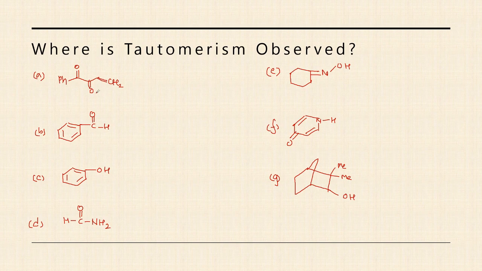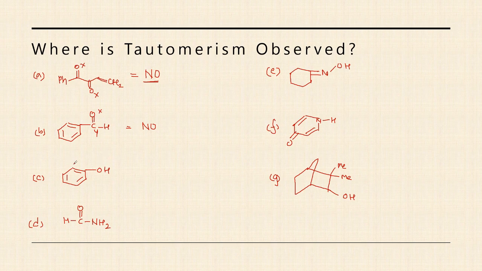So first let's identify which will be X. Suppose I took this as X, or else this as X. We do not have a Z atom which has a hydrogen. Z should be sp3 hybridized, and therefore this would not show tautomerism. There would not be any tautomeric form. Similarly, this will be X, this will be Y. There is no Z atom which has a hydrogen attached to it, so over here also we will not be observing it.